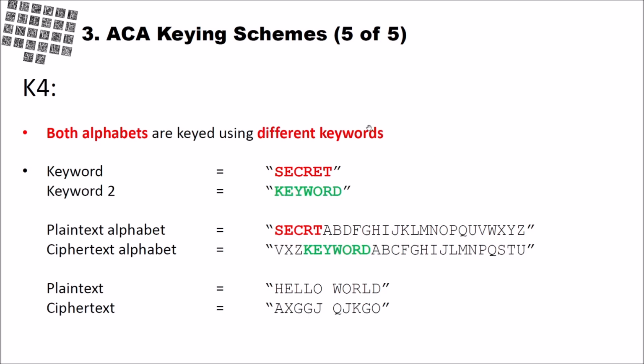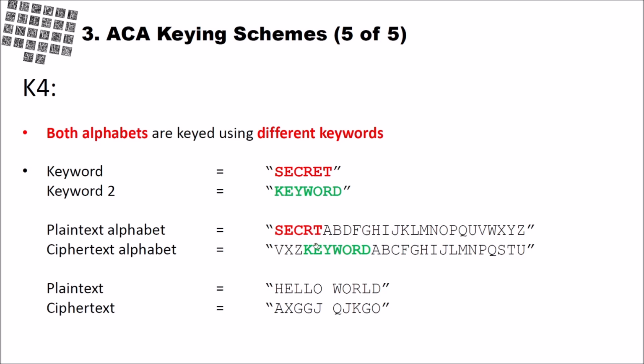Now let's have a look at the last keying scheme. And in this keying scheme, K4, both alphabets are keyed using different keywords. So we have a keyword, for instance, secret, and we have a keyword two that we have chosen, for instance, as keyword. Then in the plaintext alphabet, we again choose an offset. In this case, I've already again chosen 0. We have here secret at the beginning without the second E, the remaining part of the alphabet.